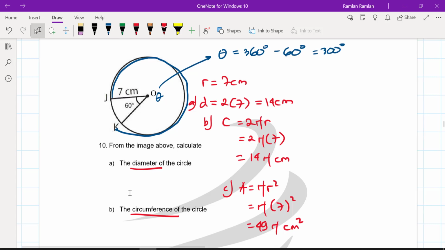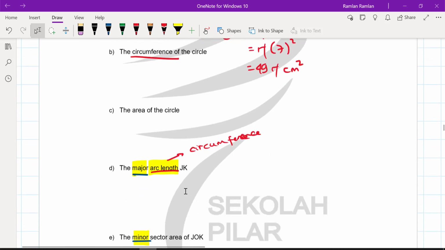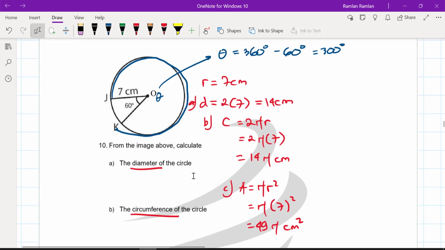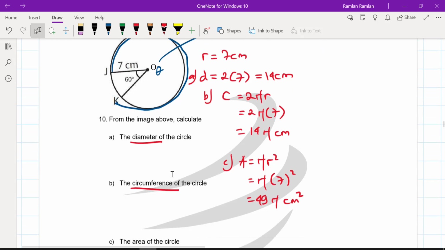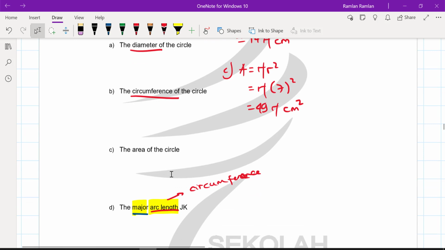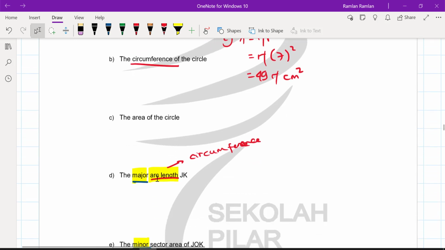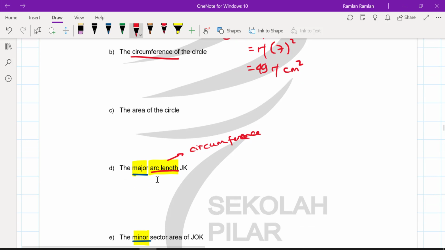Let's go back to the question again. For the major arc length, we have a formula, but the easy concept is that you only need to compare the angle the arc makes in the circle with 360 degrees, because the total angle of a circle is 360 degrees. Let me write down the formula.